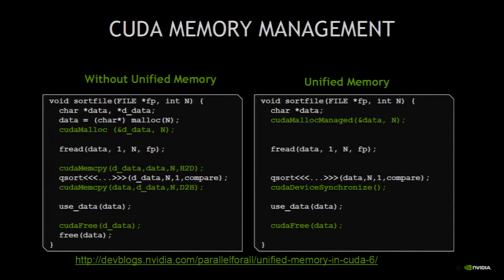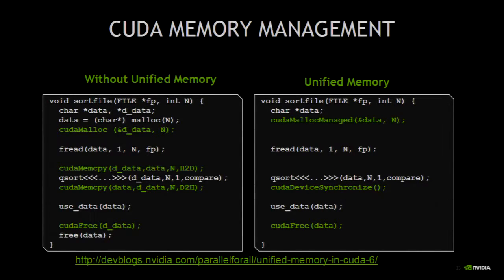To port this to the GPU, you need to allocate the data on the GPU and copy the data that you read from the file to the GPU. Then you launch your qsort or something else, copy the data back to the CPU, use it, and also free the pointer. In this case, you have to use a separate pointer, d_data, for example.